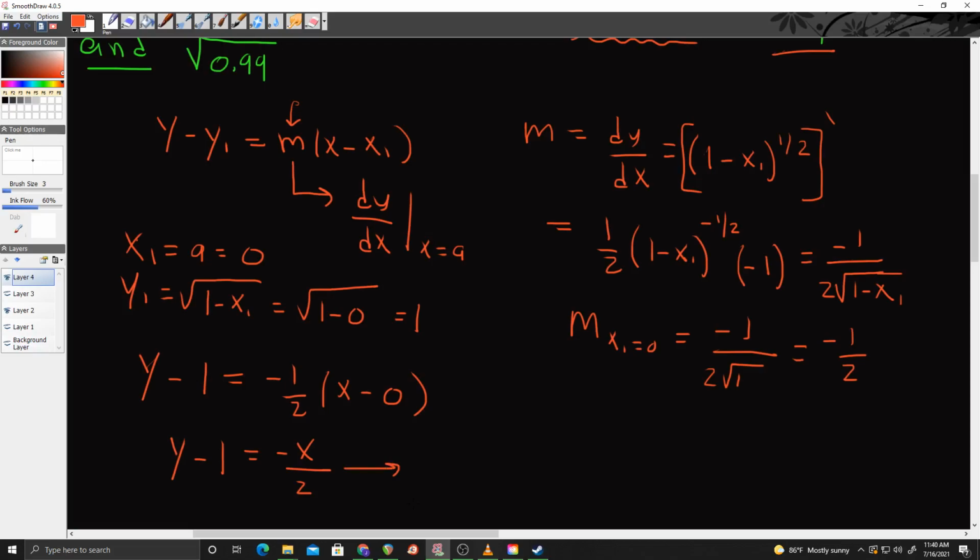Sorry about that. If I solve for y, if I add 1 to both sides, I'm going to have a positive 1 and then minus x over 2 after that. So we have all the tools in place. We still have not got the final result. We need to be careful and think about what x has to be.